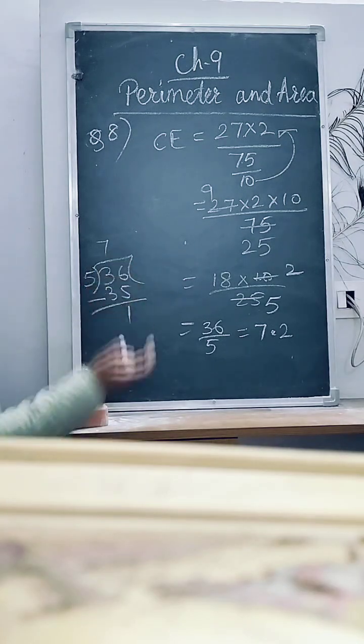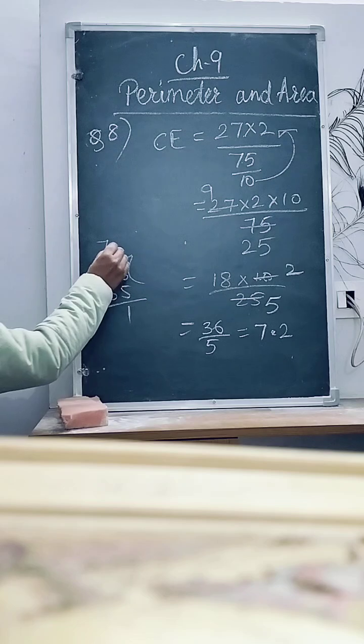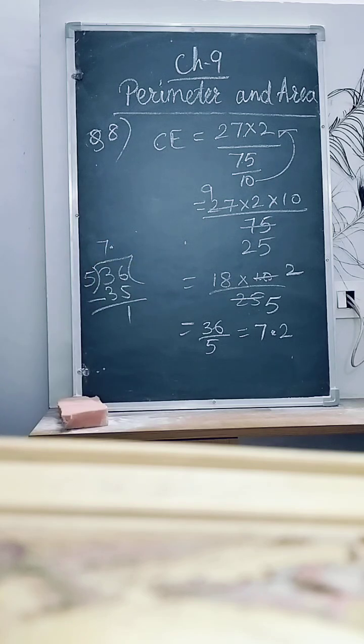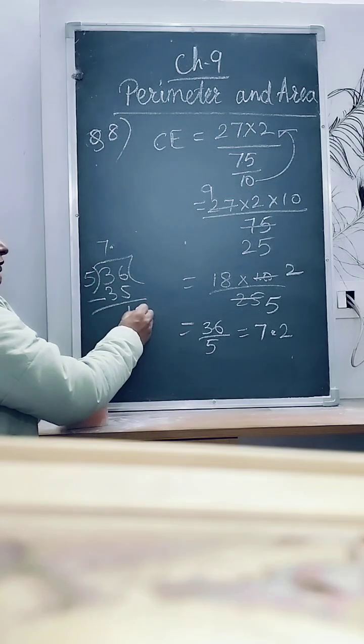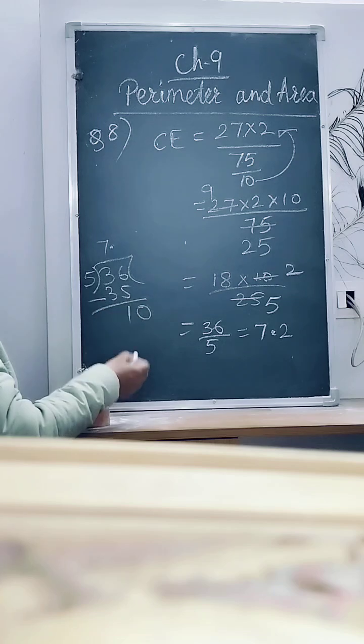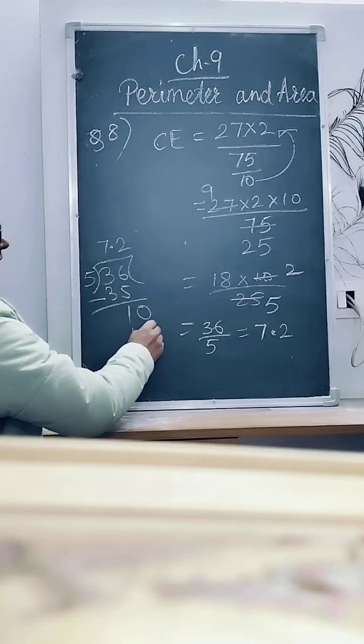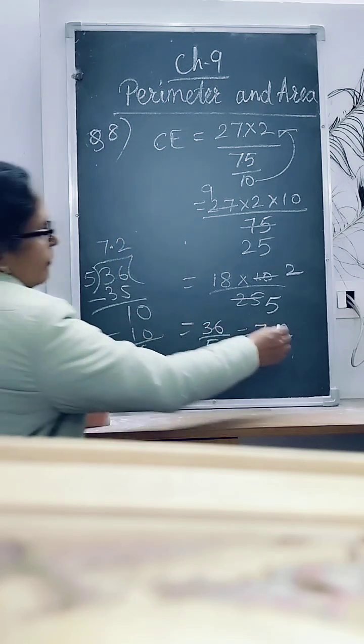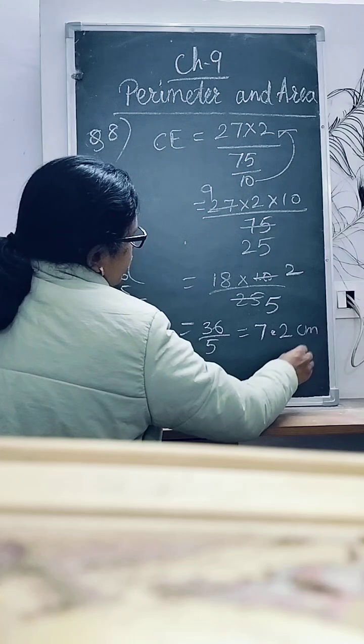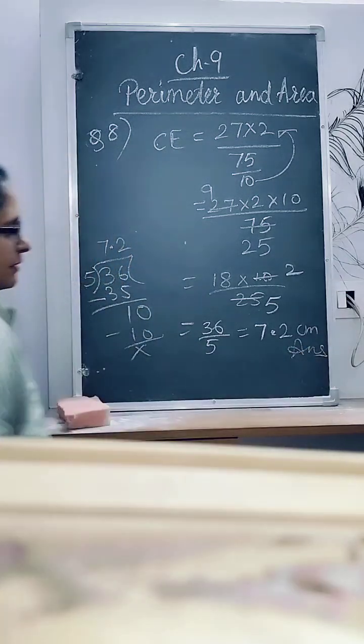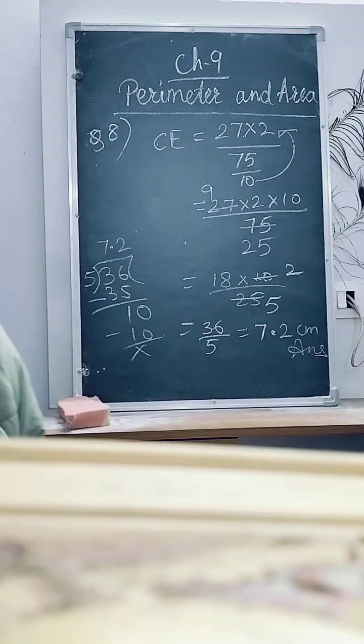After this we have no digits, so we place a decimal ourselves and take 0. In the table of 5, 5 twos are 10. So we got 7.2 centimeter as your answer. Okay students, so we have finished this exercise.